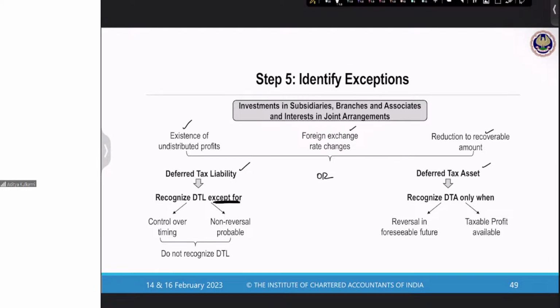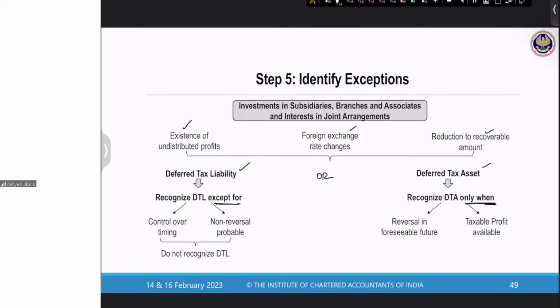You will be recognizing the DTL except for, means the general requirement is DTL should be always recognized. Whereas in the case of DTA, only when, that means generally you will not recognize a DTA, but only in these two cases you will recognize. Okay. So why that is the case, we will just look at it maybe towards the end of today's session. But as of now, this is the impact.